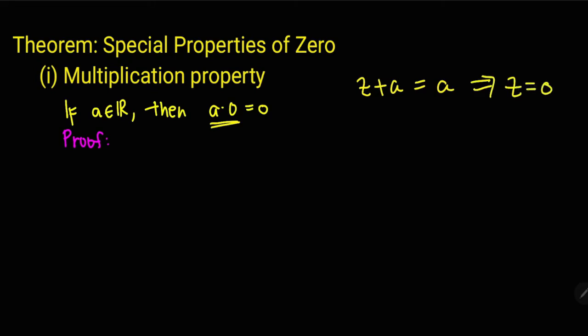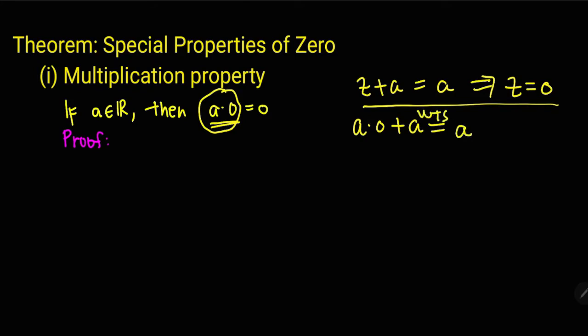So, how are we going to use this to show that this value here is equal to 0? To use this property here, what we can do is replace c by a times 0, and then we can add that to a, and this is what we want to show, that it is equal to a.